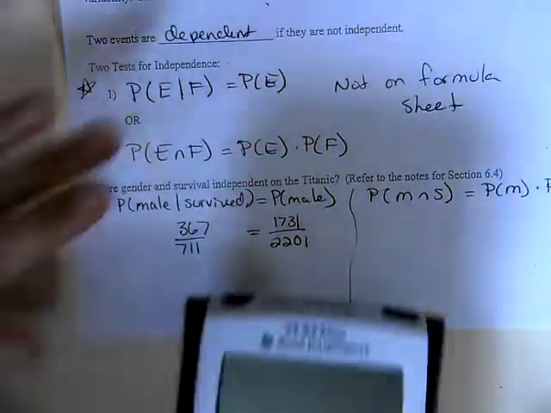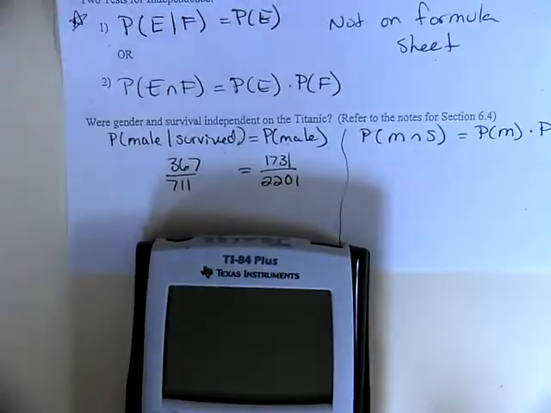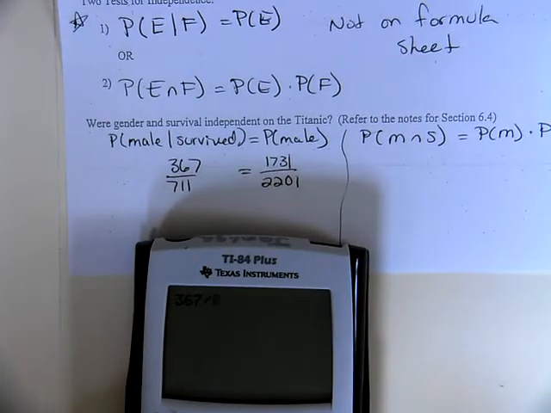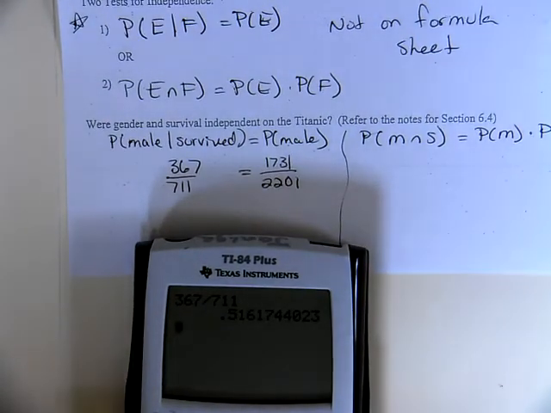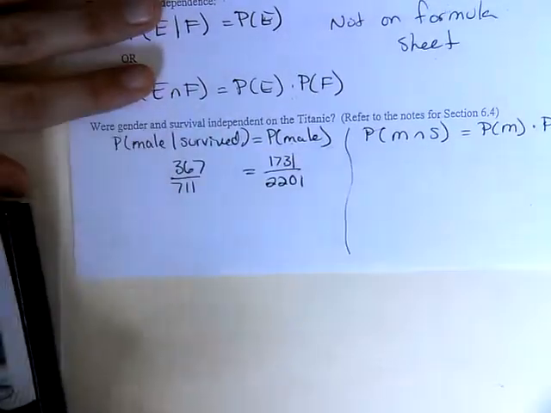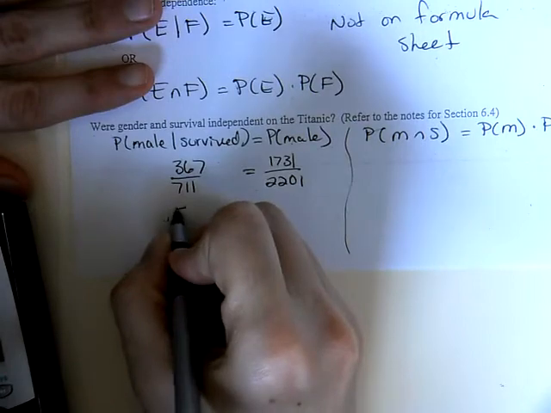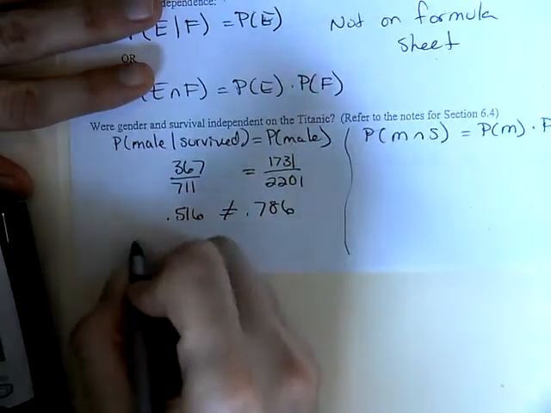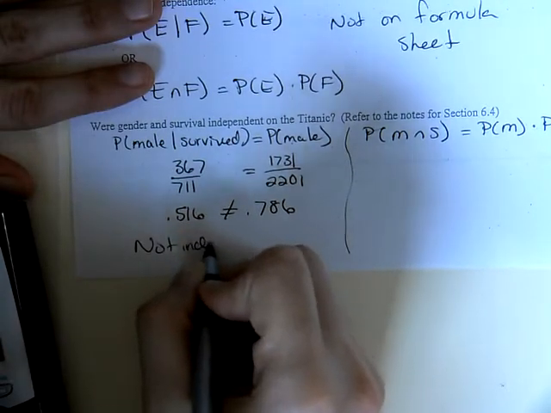So here's where you want to use decimals. They should be exactly the same unless you're looking at a sample, which here we are not. So this is 0.516, 0.786, so these should be not independent.